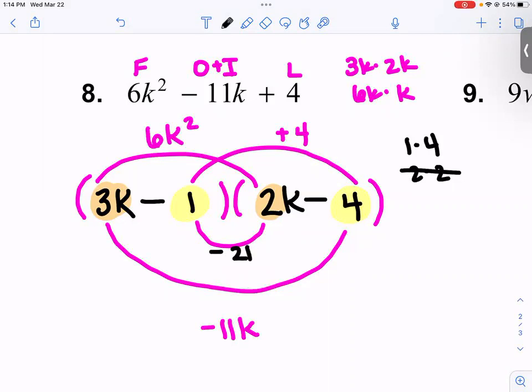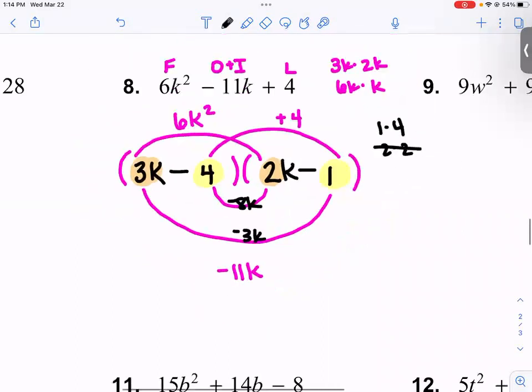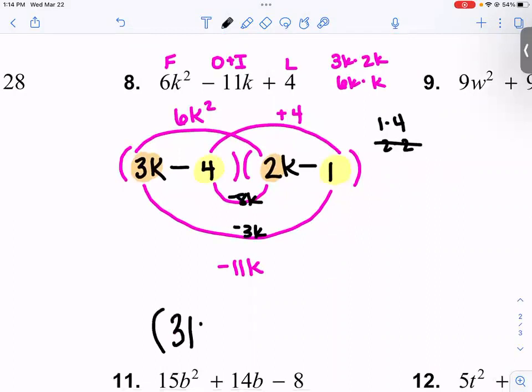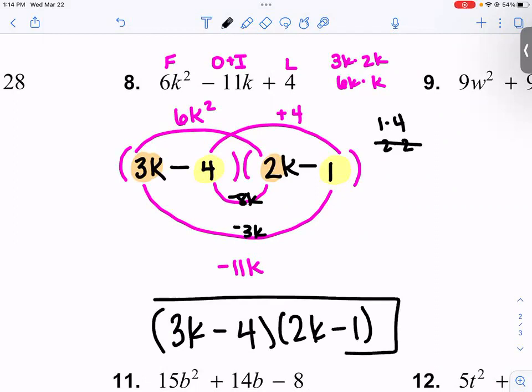Why is that? Because of the 3 and the 2. Okay. So when I multiply here, we get negative 8k. And when we multiply here, we get negative 3k. There's our answer. 3k minus 4 times 2k minus 1.